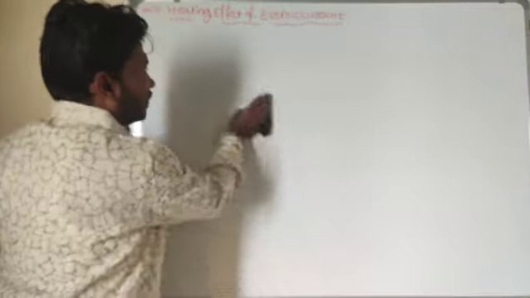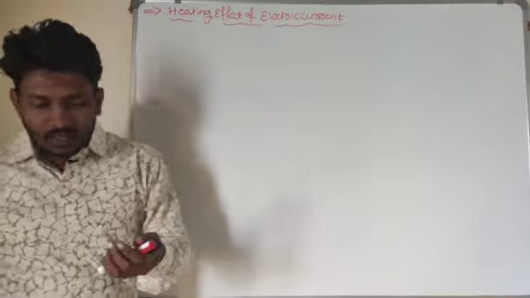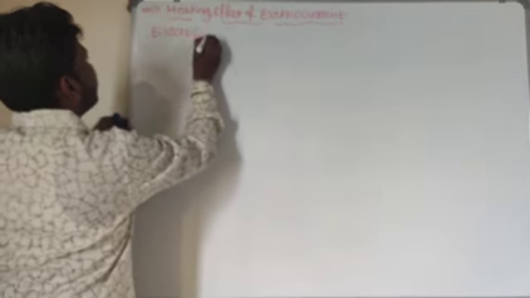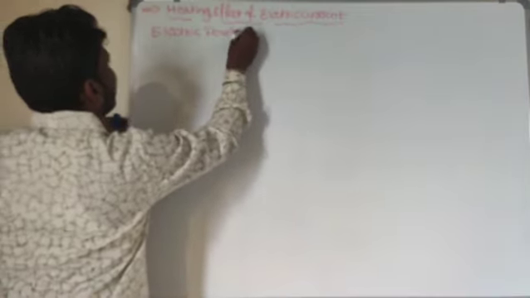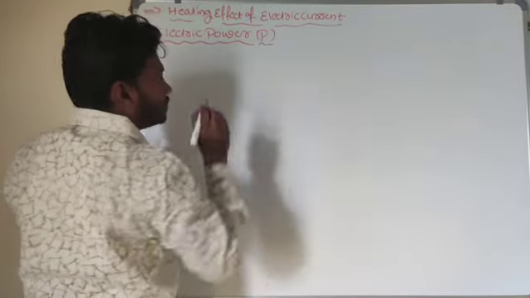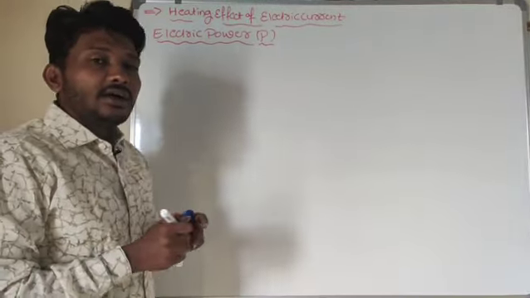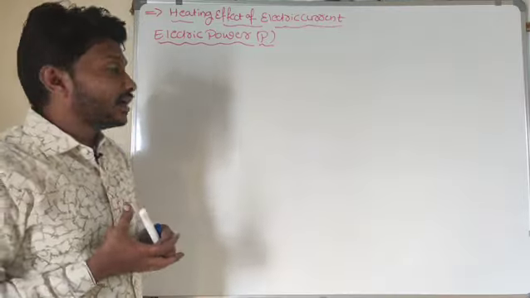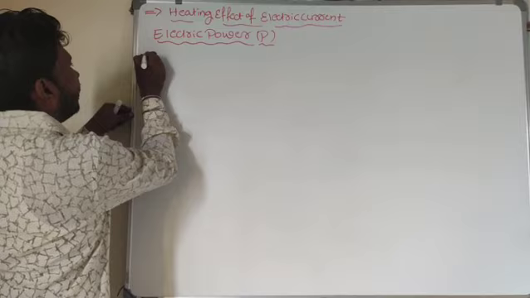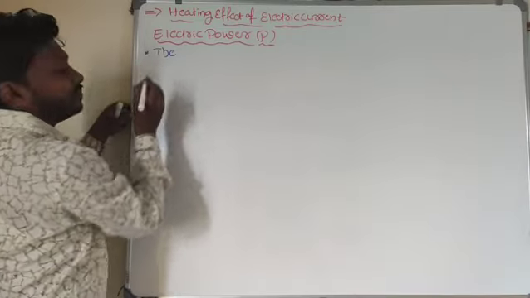So now we'll look at electric power here. So look at here, what is electric power then? I will represent it by the symbol P here. The rate of electrical energy dissipation, we can call it as electric power. What is electric power here?